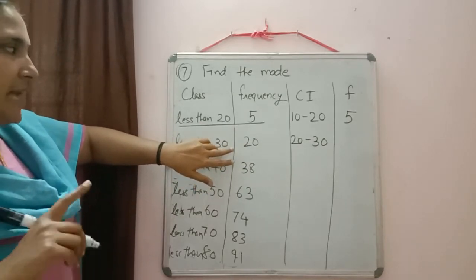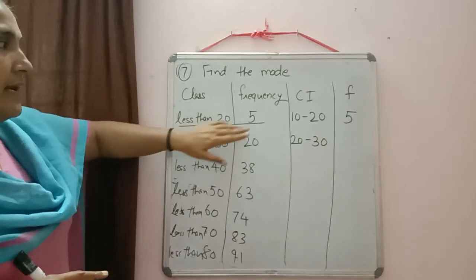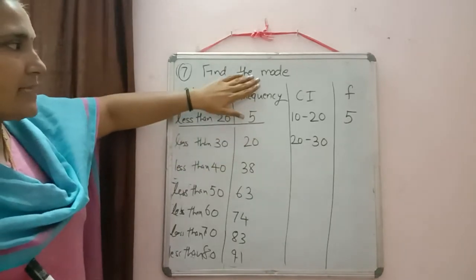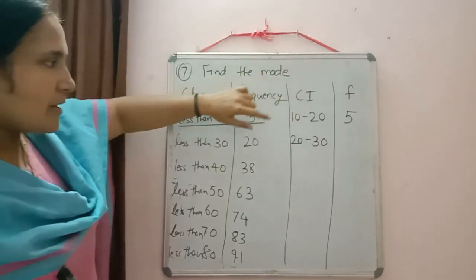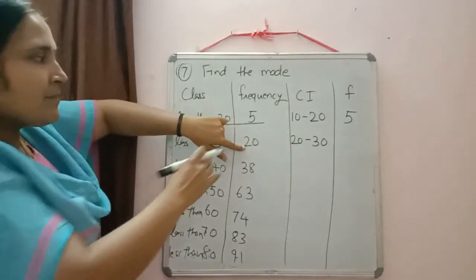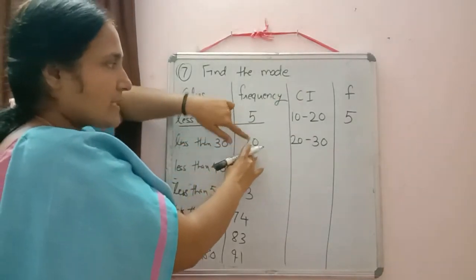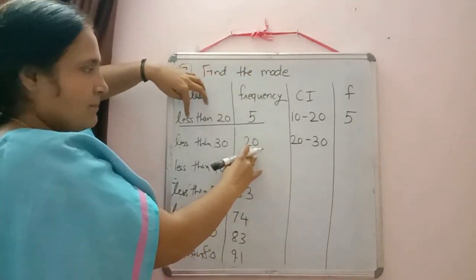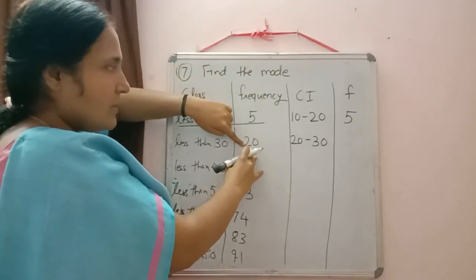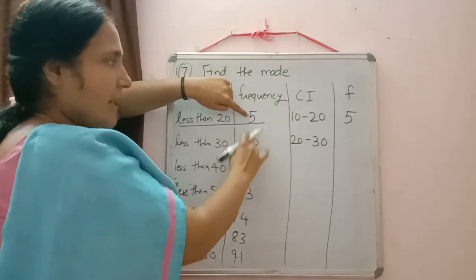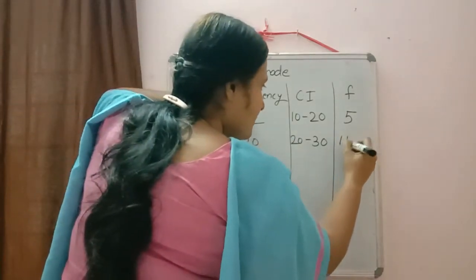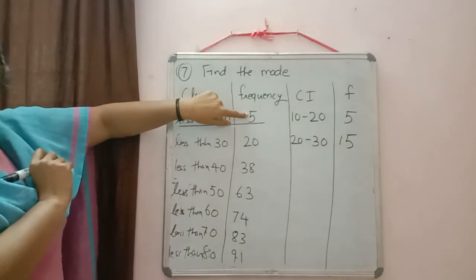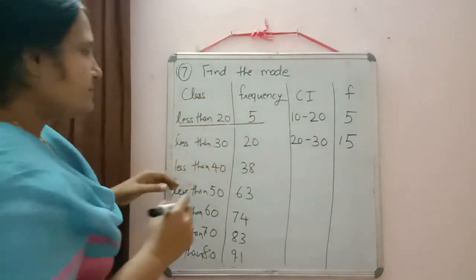But in that, 5 students I already separated in the previous group. So remaining student will be 20 minus 5, so that will be equal to 15. Clear? Okay. So, next one.